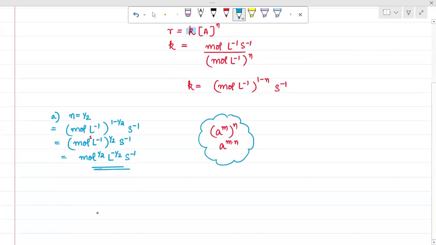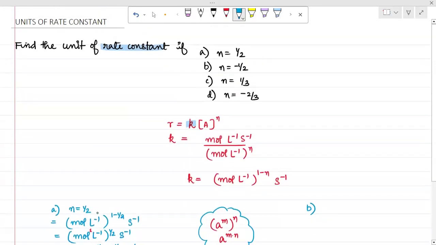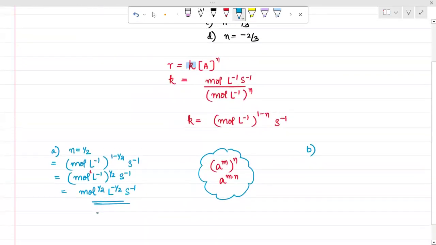B. What was the order? The order is minus 1 by 2. We did discuss yesterday that the order of the reaction can be any whole number, meaning 1, 2, 3 or 0 also. It can be negative and it can be fractional as well. So now when you put the value of minus 1 by 2, we get moles per liter to the power 1 minus n, and the value of n is minus 1 by 2, per second.